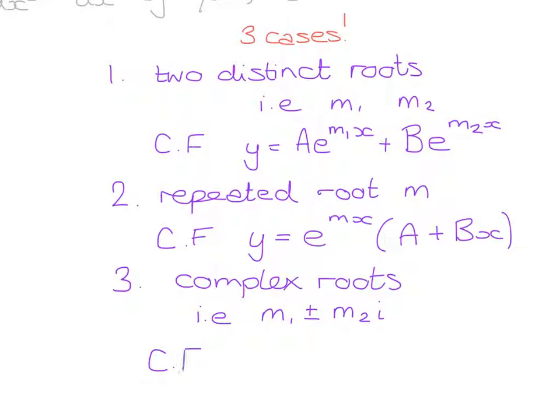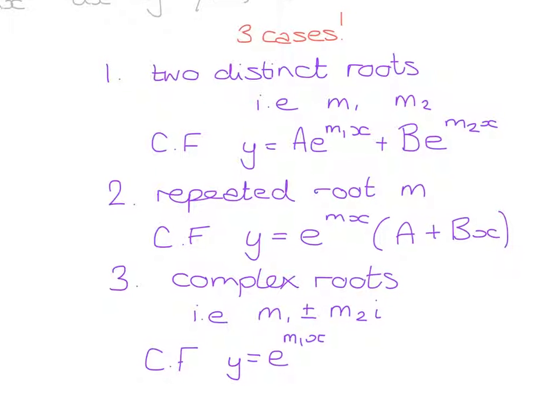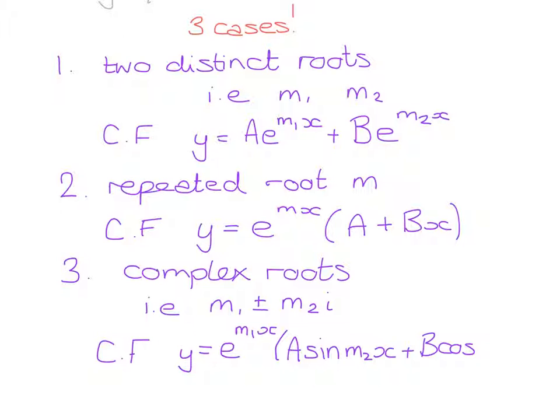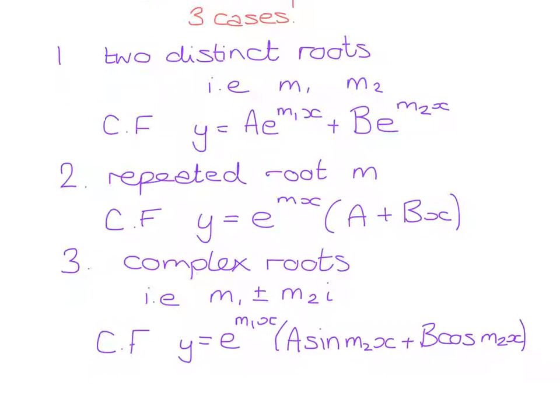Then we have the complementary function y equals e to the power of m1 times x, where m1 is the real part of our complex roots, times a times sine of m2x, where m2 is the imaginary part of our complex root, plus b times cos of m2 times x. Again, a and b are arbitrary constants.